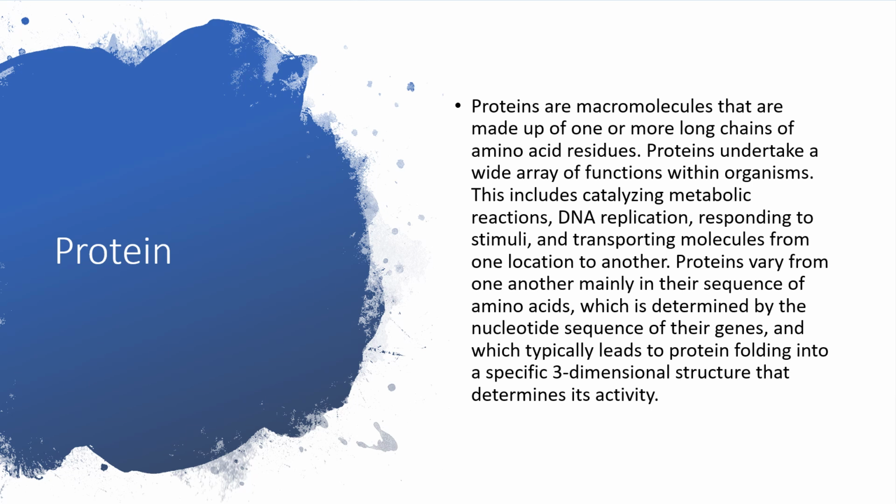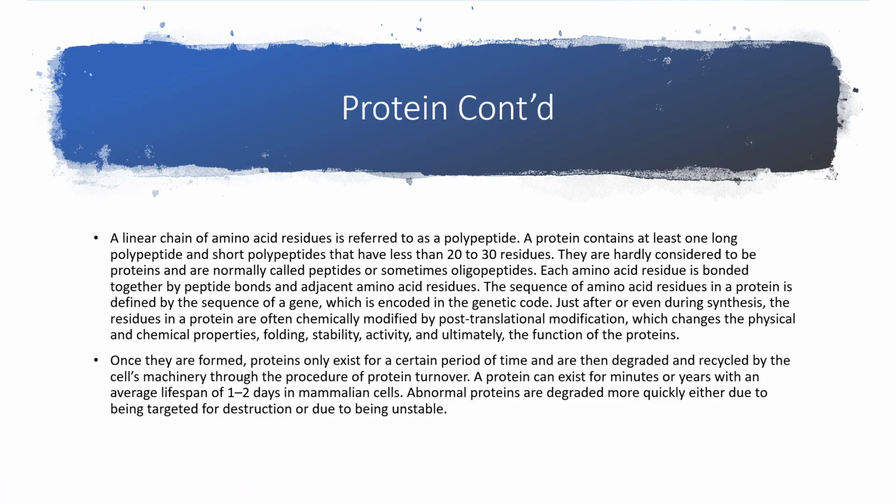Proteins vary from one another mainly in their sequence of amino acids, which is determined by the nucleotide sequence of their genes, and which typically leads to protein folding into a specific three-dimensional structure that determines its activity. A linear chain of amino acid residues is referred to as a polypeptide.